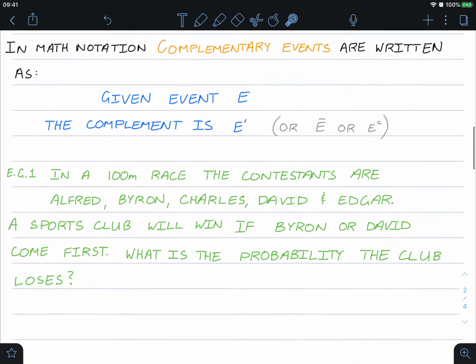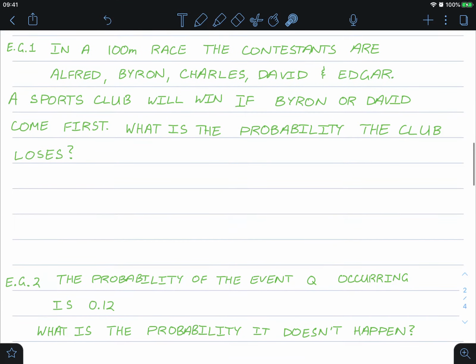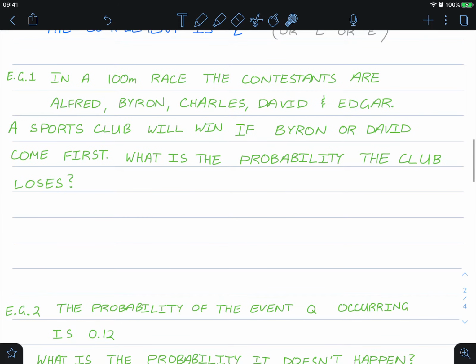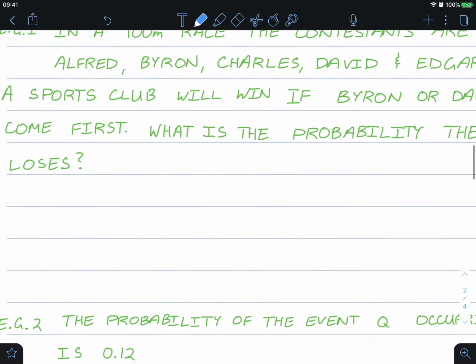So for example, in a 100-meter race, the contestants are Alfred, Byron, Charles, David, and Edgar. A sports club will win if Byron or David come first. What's the probability the club loses? Well, let's write this down like so.